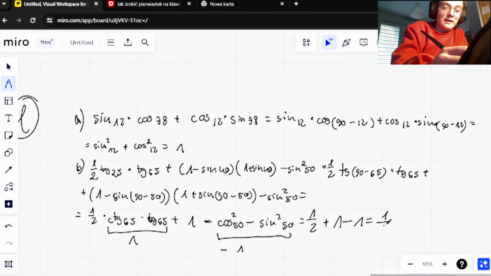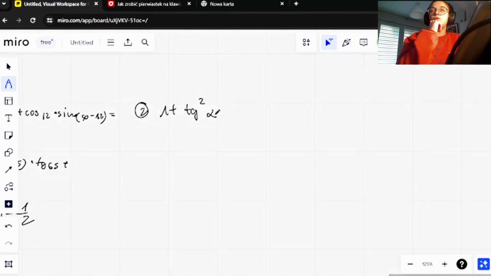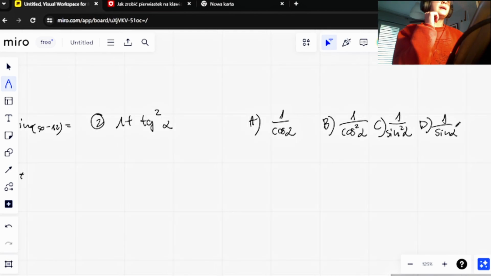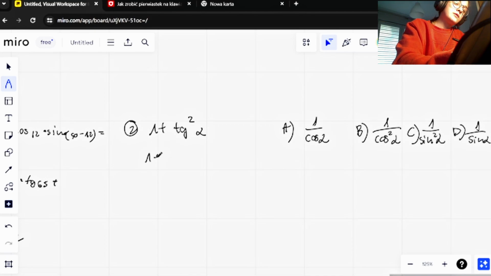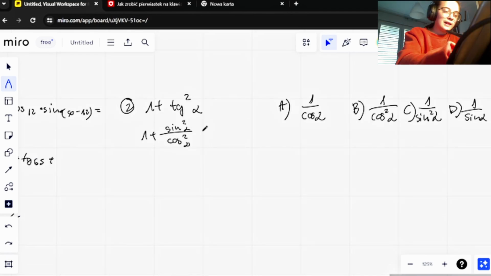So it's a half. We need to find a way that we can write it. And we have options. Okay, let's see. Because here we have sinuses and cosinuses, let's write this as sinus. Let's change the one to the trigonometric one.